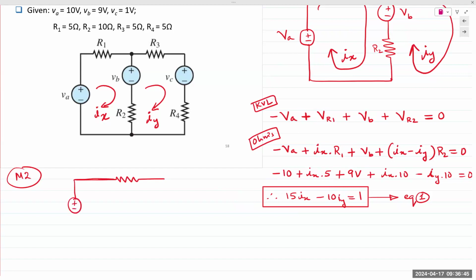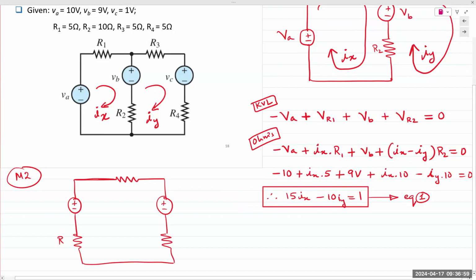So we have VB, R2, voltage source VC, R4, that comes up to 5 components or 5 voltages. So R2, R4, R3, VB, and VC.